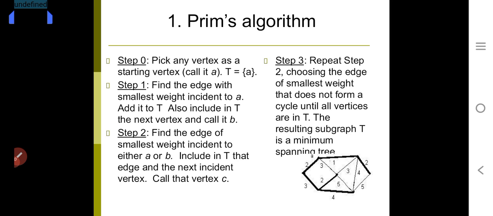Then at last we find the minimal spanning tree. That means the spanning tree has the minimum weight, so it is called the minimal spanning tree.